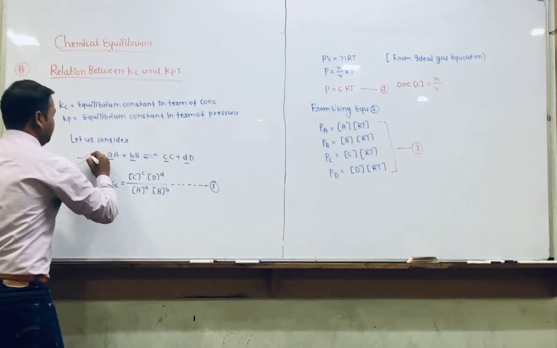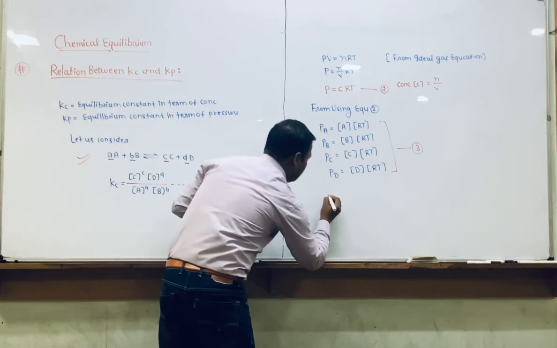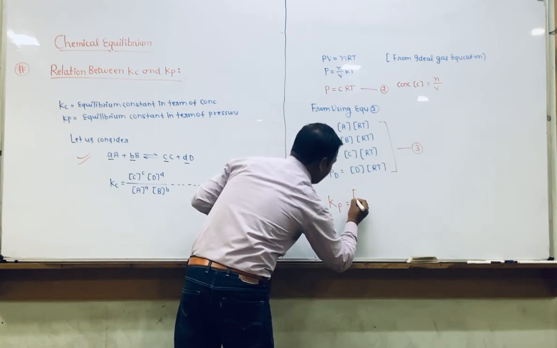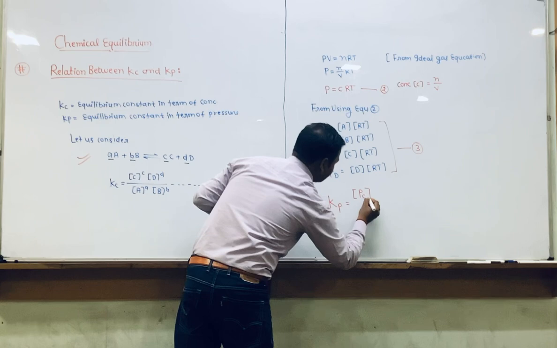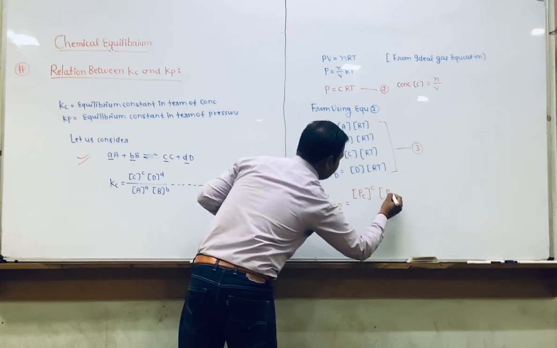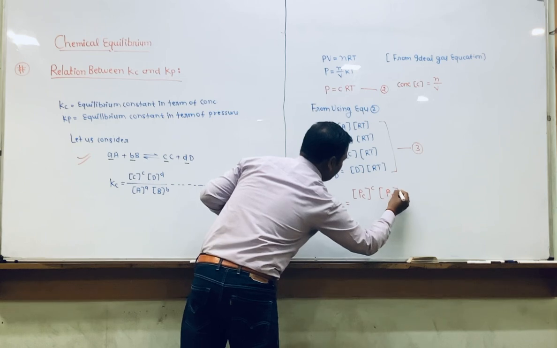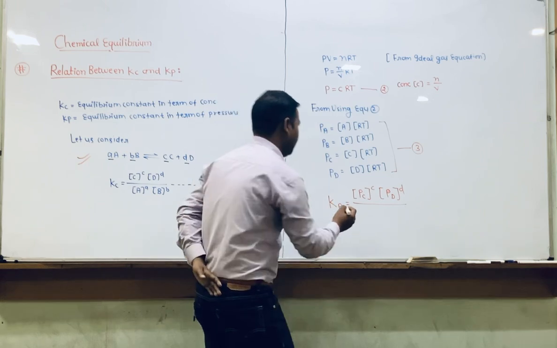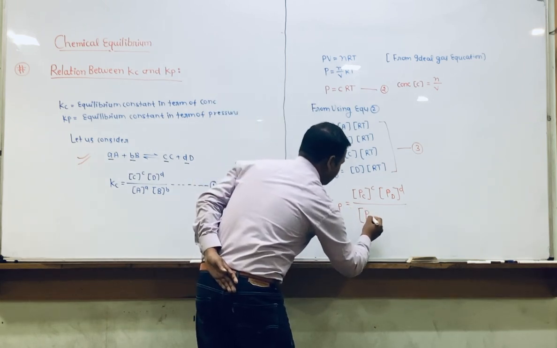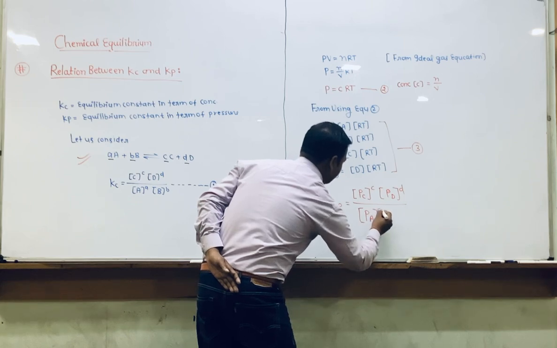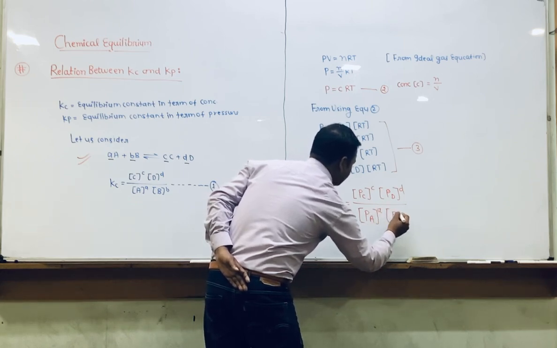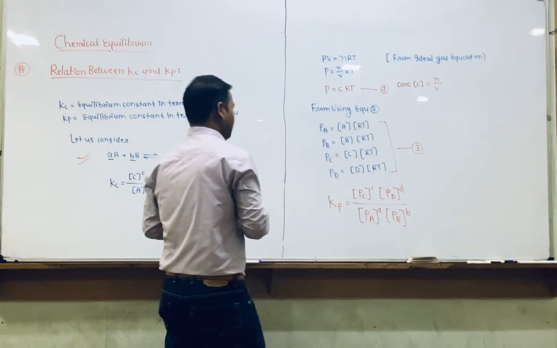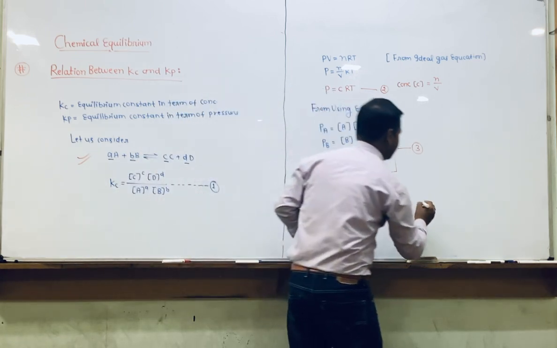Using this reaction, we can write Kp equal to partial pressure of C to the power c and partial pressure of D to the power d, upon partial pressure of A to the power a and partial pressure of B to the power b. We assume this is equation number 4.